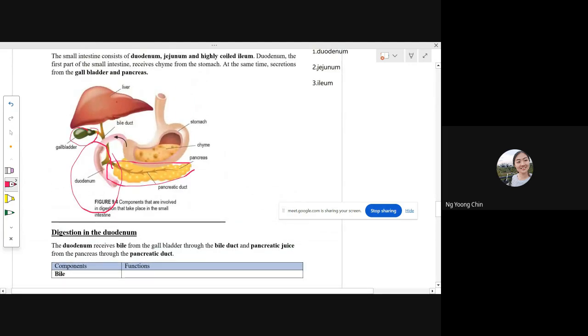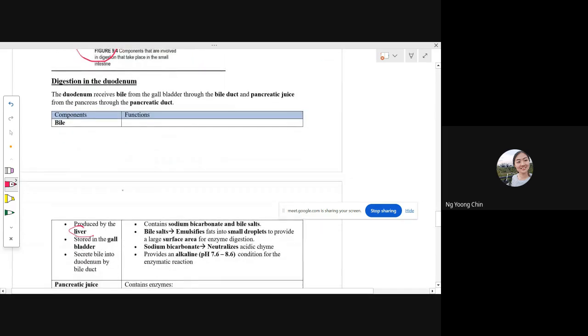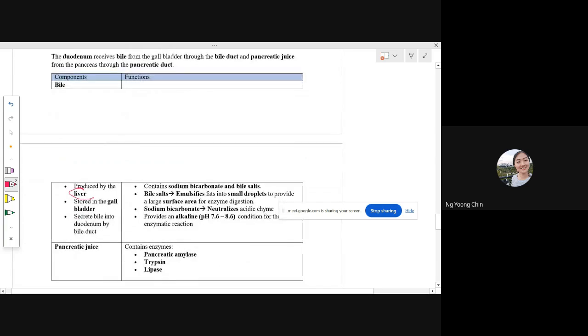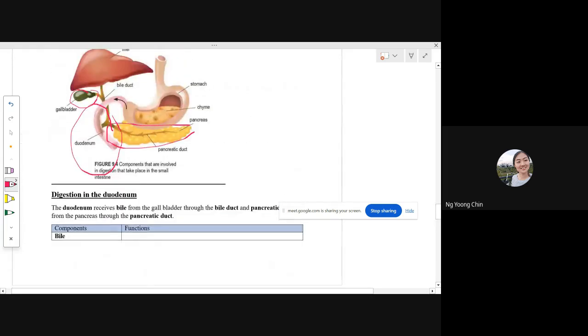So whenever the liver produces bile, the bile is stored in the gallbladder. After that, whenever the duodenum requires the bile, the bile is transferred from the gallbladder through the bile duct until it reaches the duodenum.